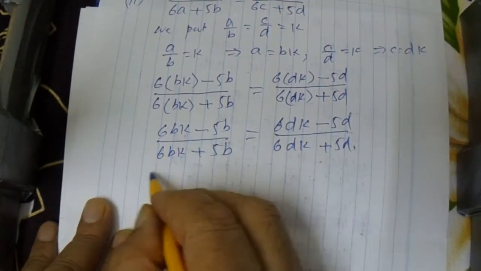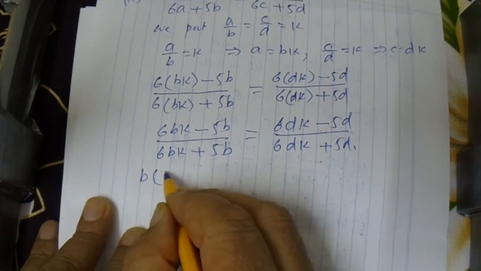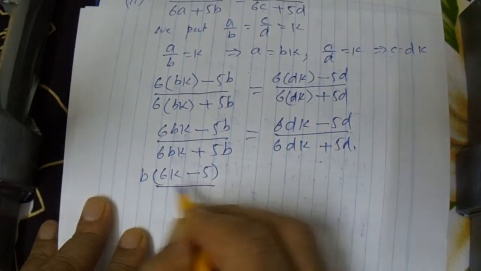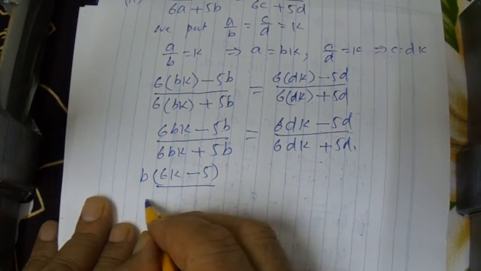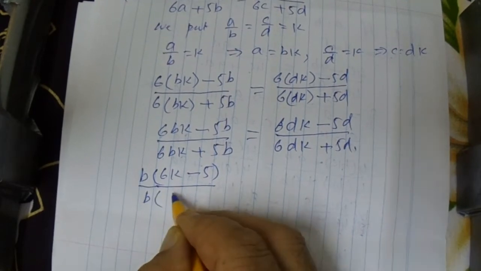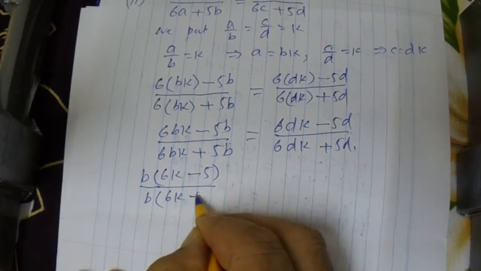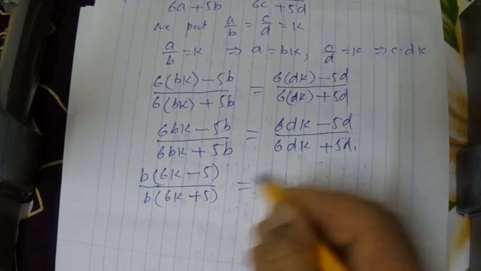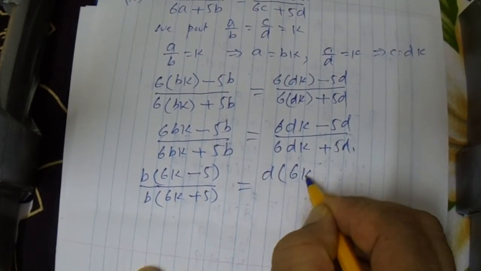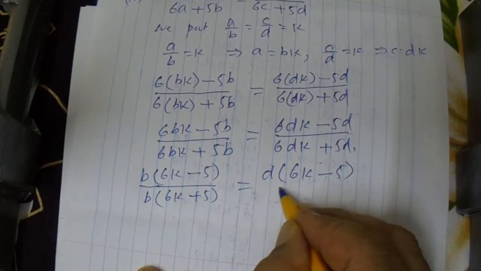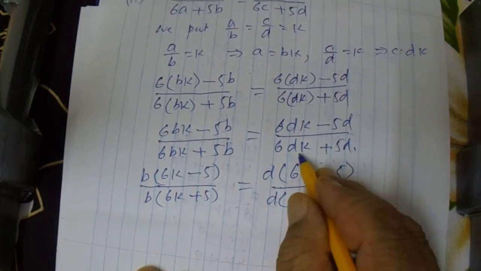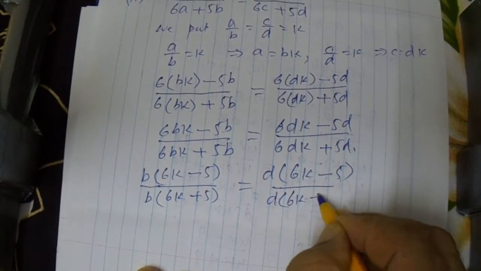We take B common from this and we write 6K minus 5 over, also we take B common, and we write 6K plus 5, is equal to, we take D common and 6K minus 5 over, also D common, and we have 6K plus 5.